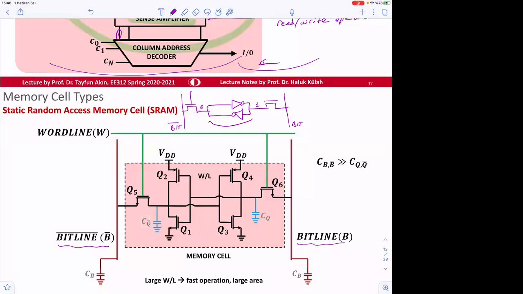As you know, if the stored data is 1, this will give you 0, and then this will give you 1. If you remember, we talked about this in the past. This is like a bistable multivibrator. The data which is stored is going to be settled here, either 1 or 0. So there are 2 stable states here, and then we can change and switch the data.